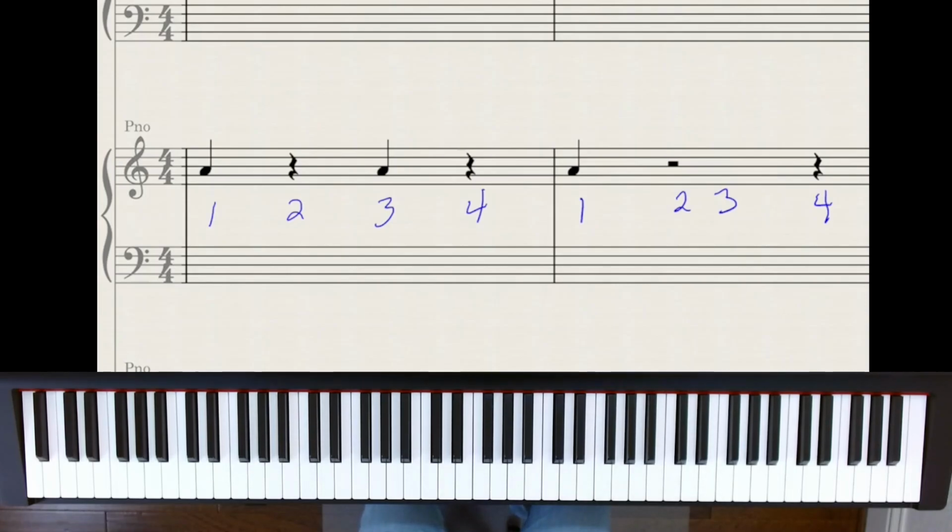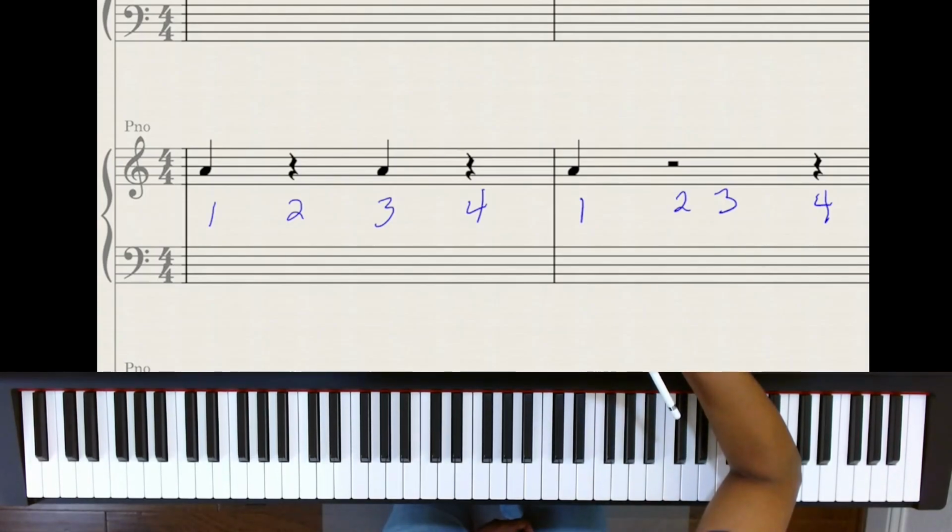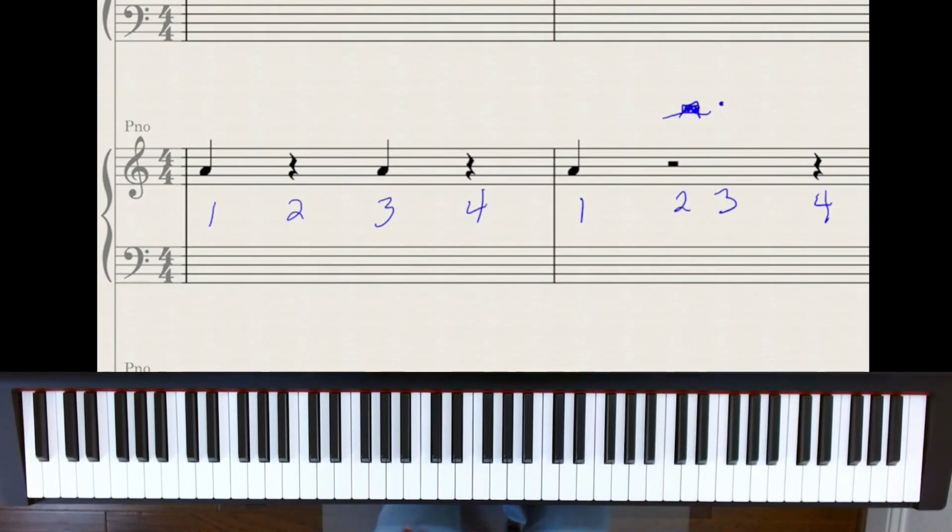So usually when there's 3 beats of silence, you really won't typically see the dotted half rest. It's not that common. Sorry, that's not the best drawing. But you'll usually see it written this way, with a half rest next to a quarter rest, okay?